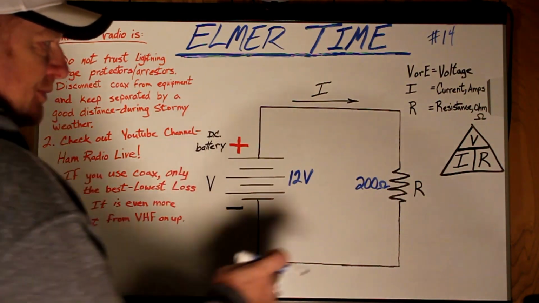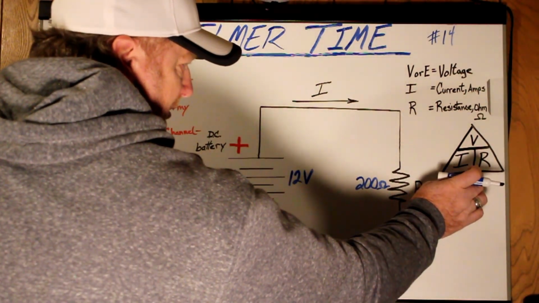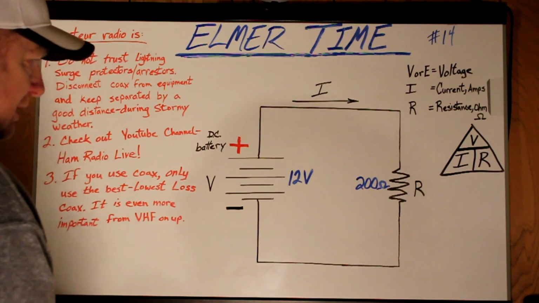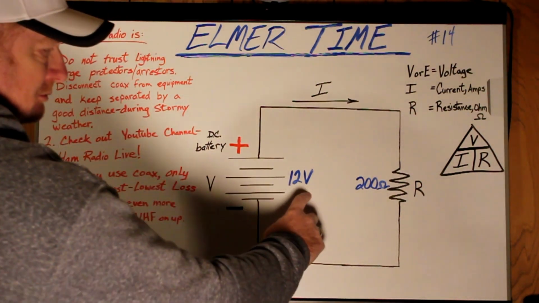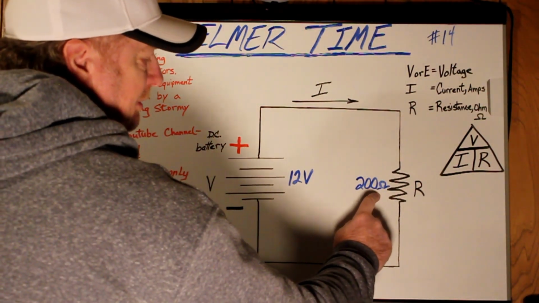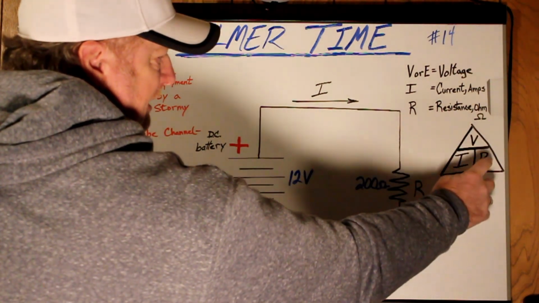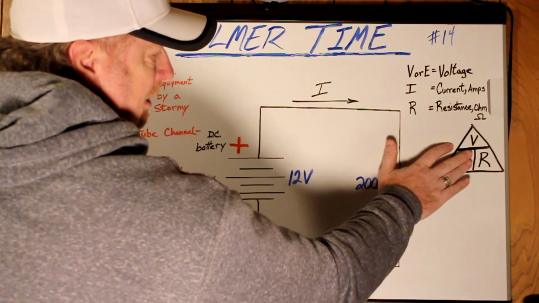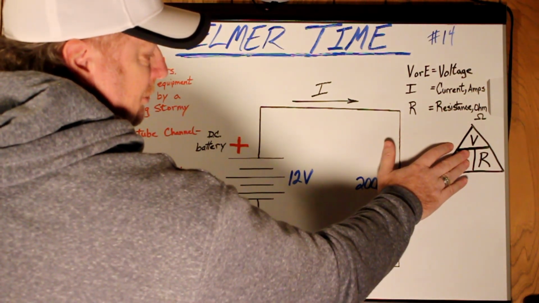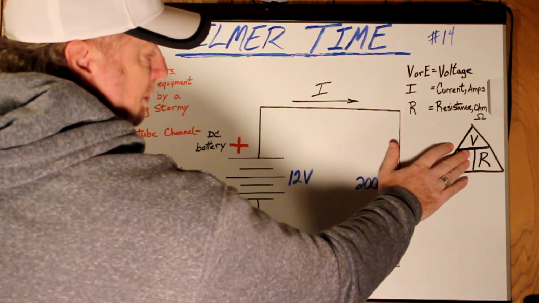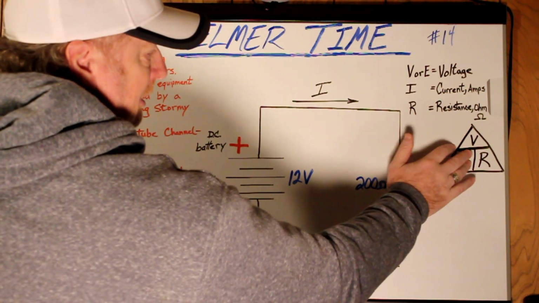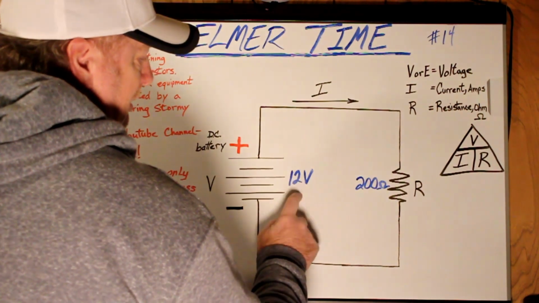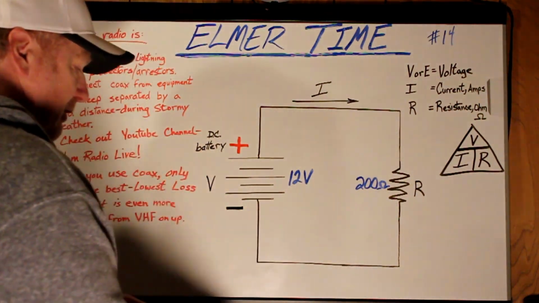We look at our triangle here for our formula, and we have the voltage and we have the resistance. So we have V and R, we don't have I. So how do we find this answer? V over R, so it's V divided by R. So 12 volts divided by 200.